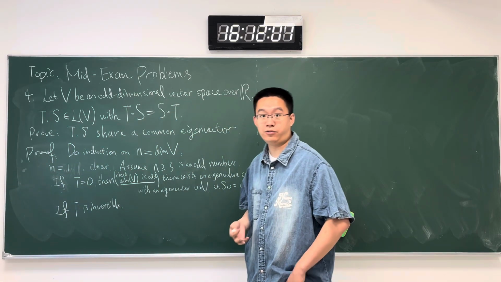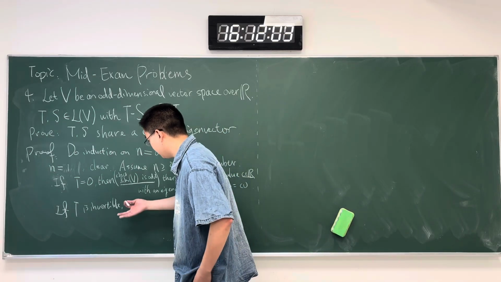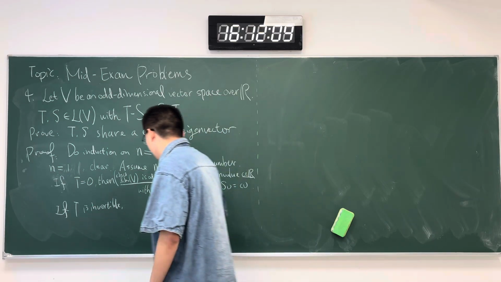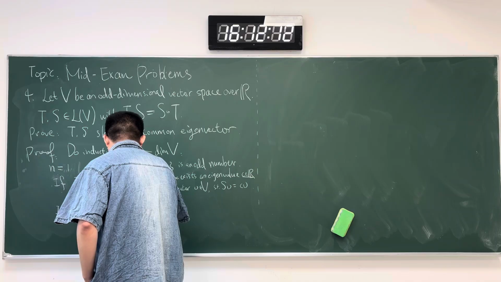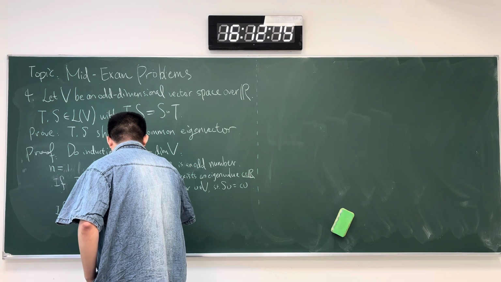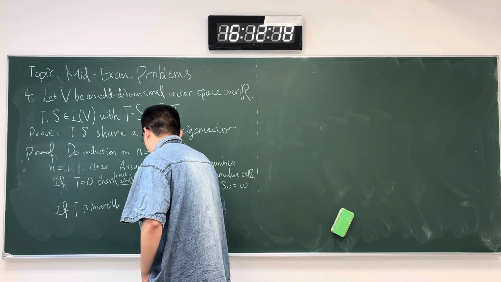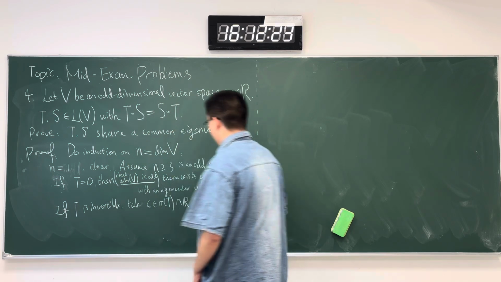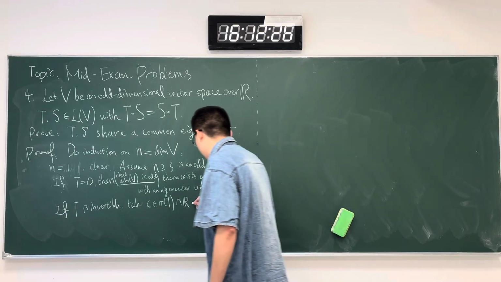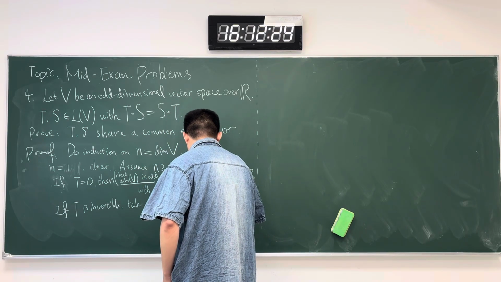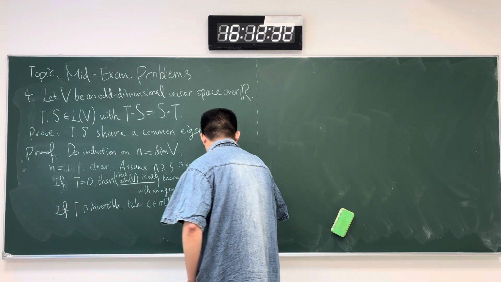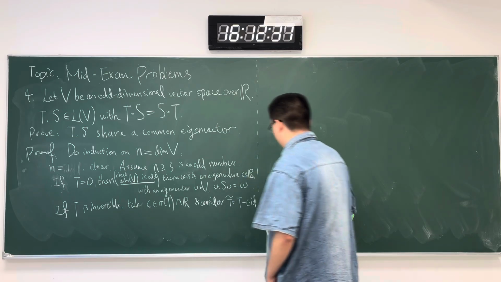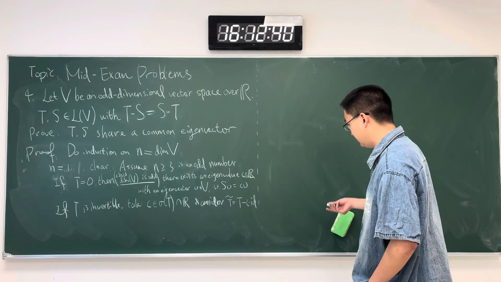then I would like to claim that we may assume that T is actually not invertible. Let's just take any eigenvalue c of T lying in the spectrum of T intersected with the field of real numbers. Then consider T tilde defined to be T minus the scalar c.